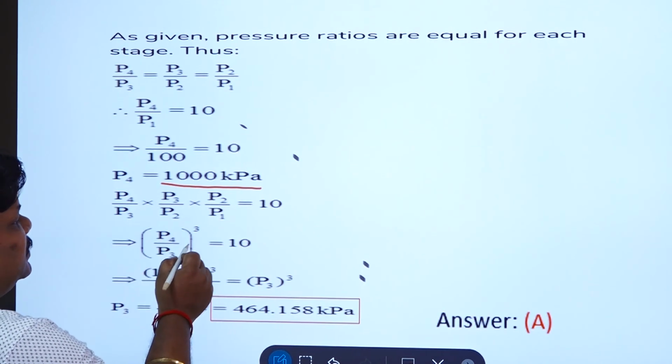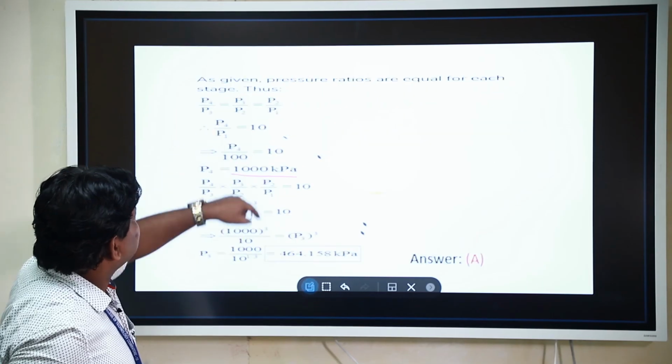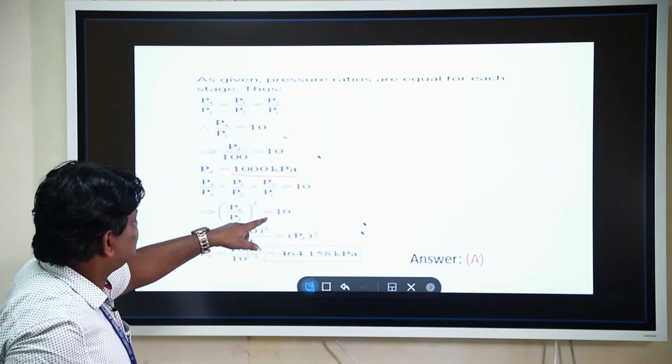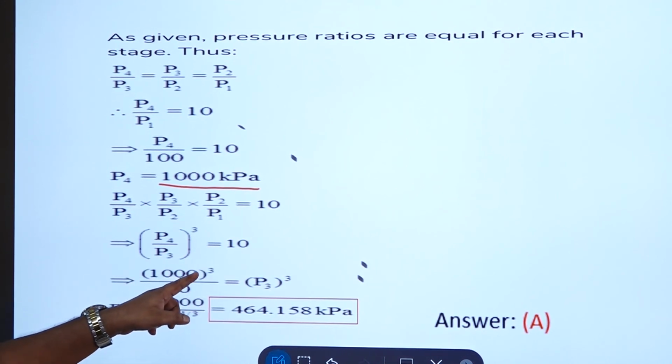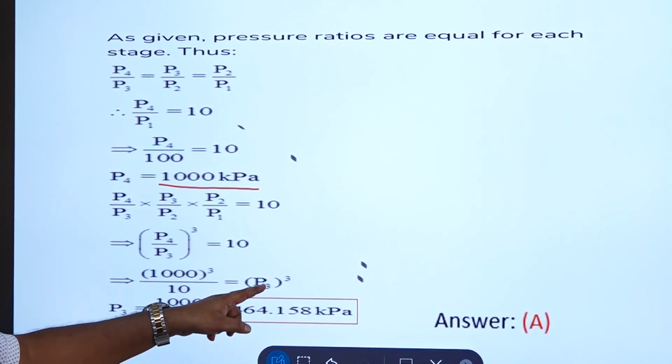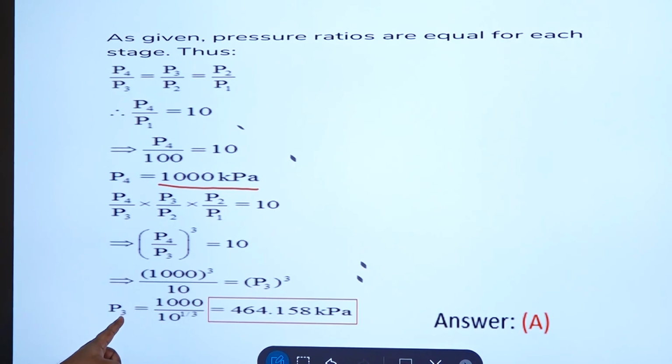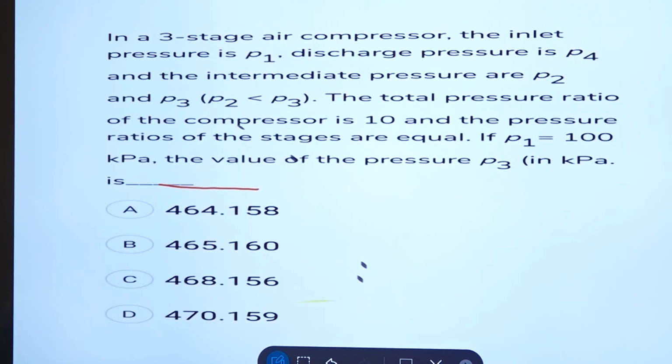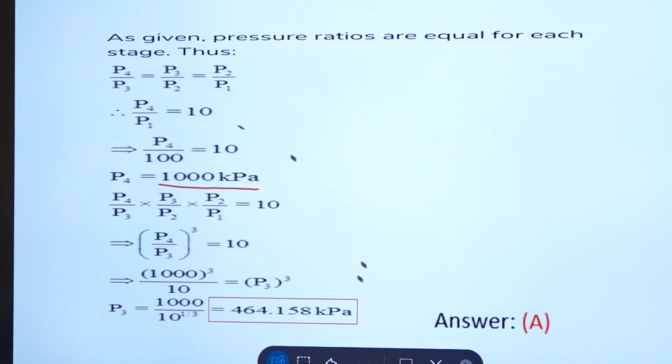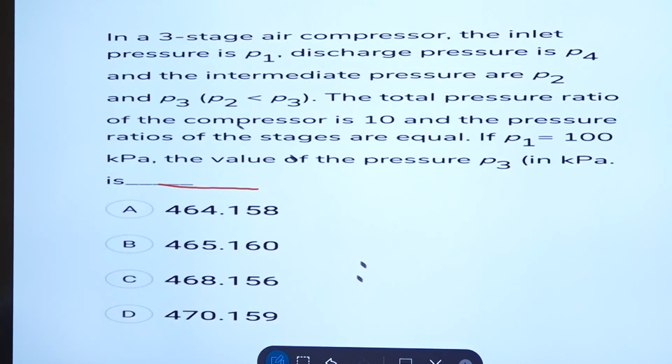So P4 by P3, this is a 3-stage compressor, so P4 by P3 whole power 3 is equal to 10. Then 1000 cube divided by 10 is equal to P3 cube. From this you can find the value of P3. The value of P3 is 464.158 kilopascal.